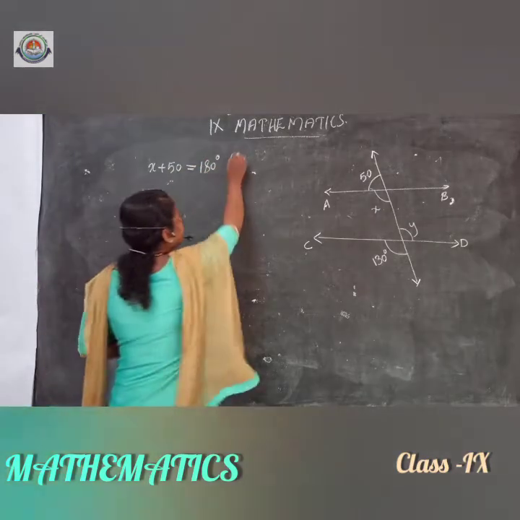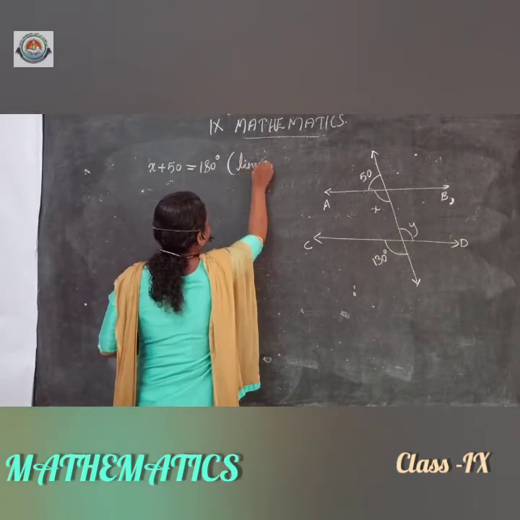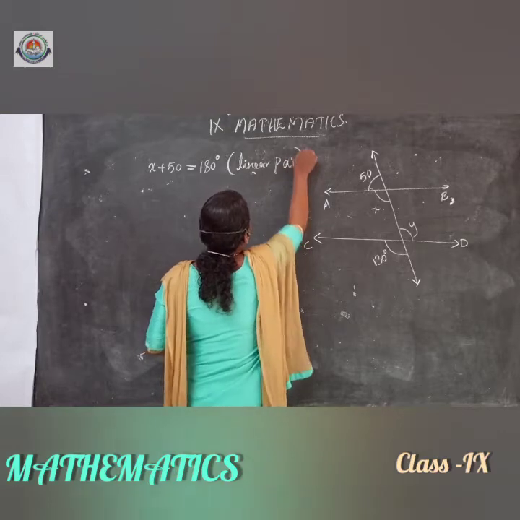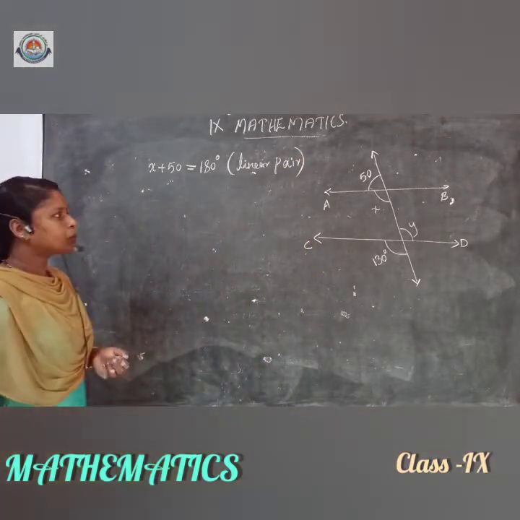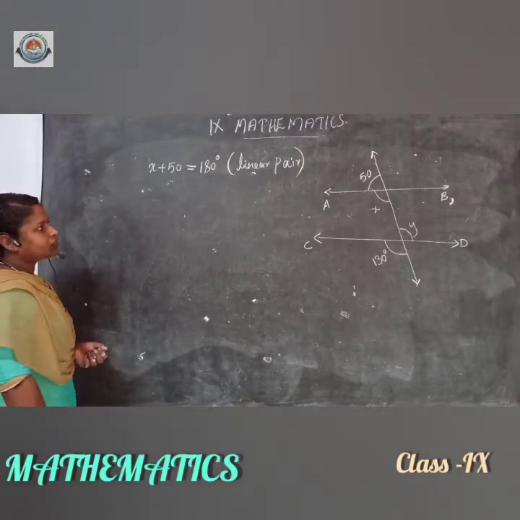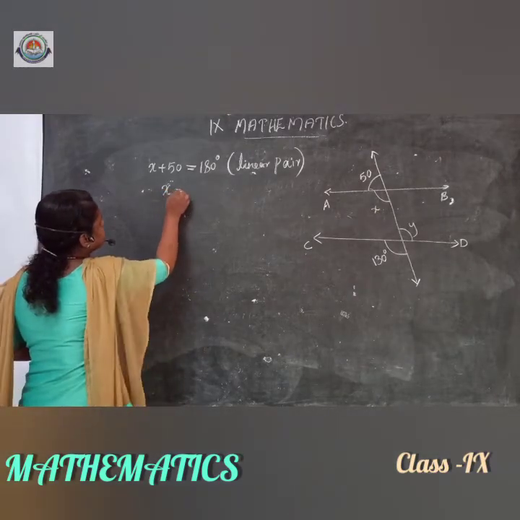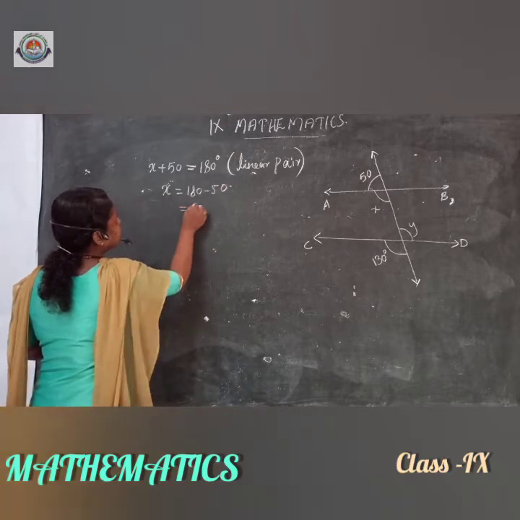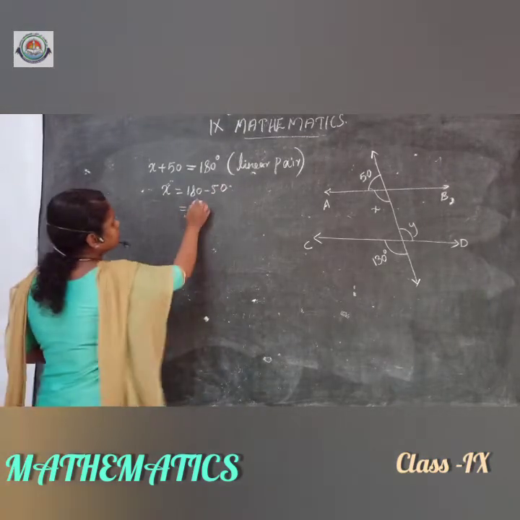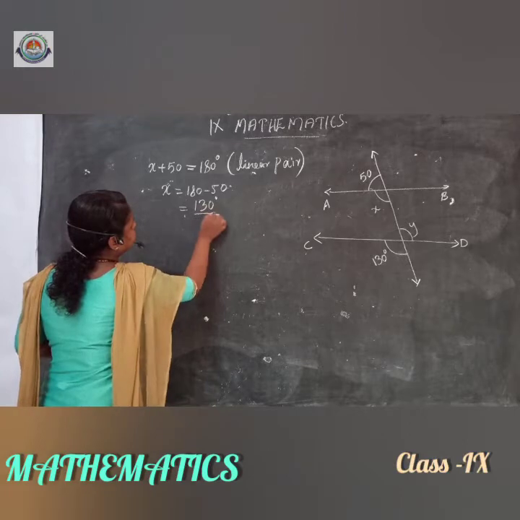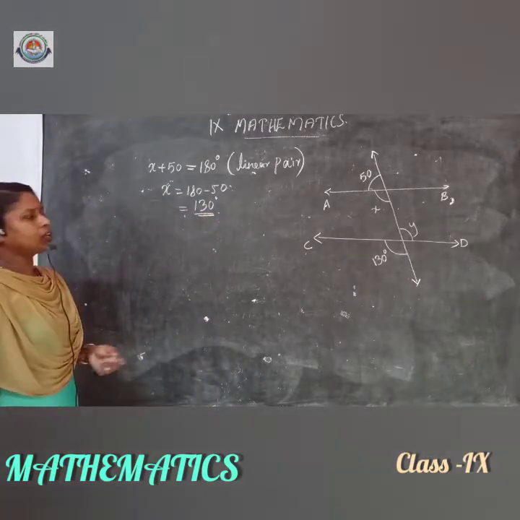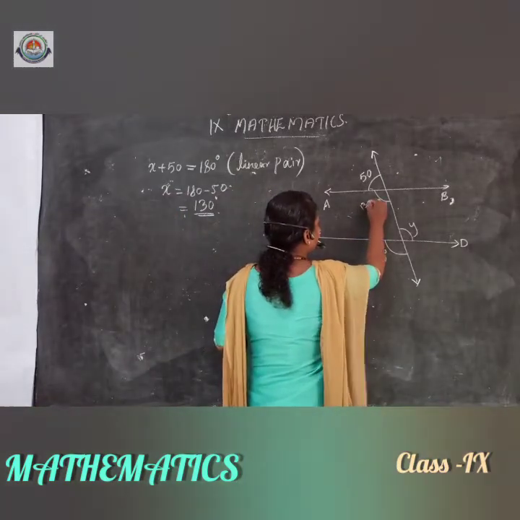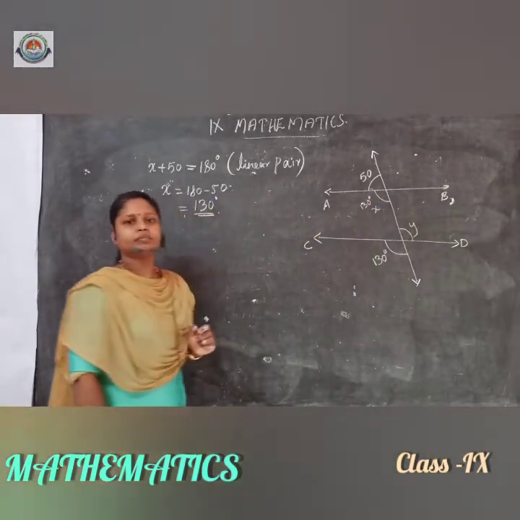Reason: they are a linear pair. Therefore, x equals 180 minus 50, which is 130. So this angle x is 130 degree.